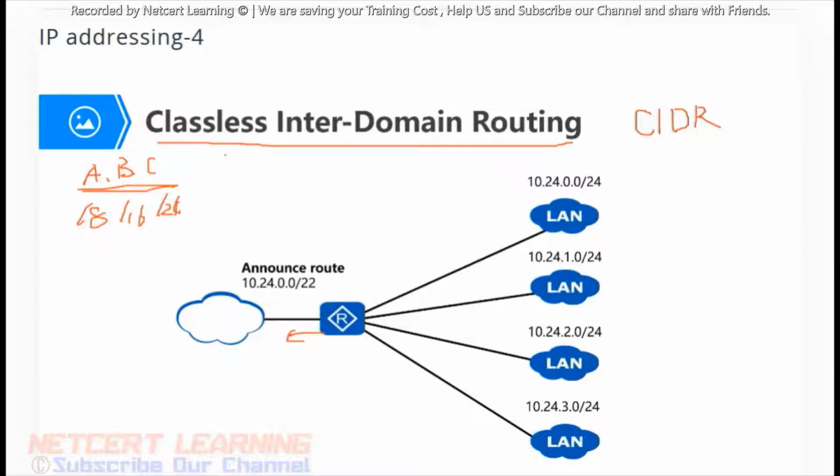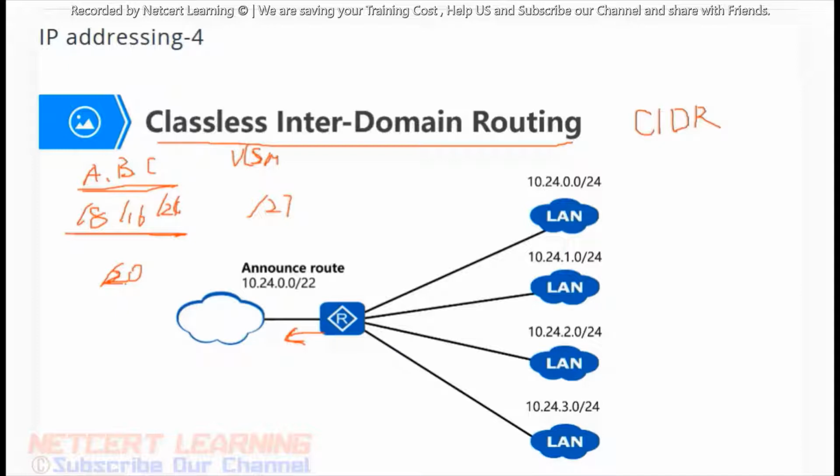But now we use VLSM, so the mask length is not always equal to these three values. So the router should send routes of different mask lengths. Maybe sometimes that's 27, sometimes that's 20.